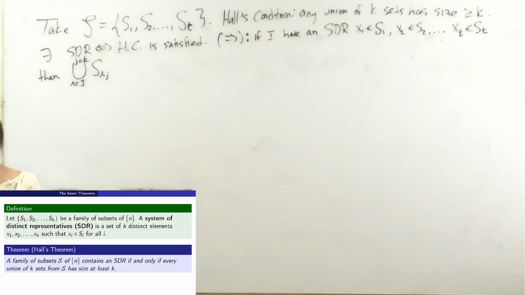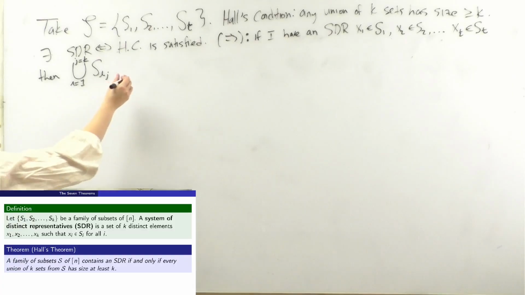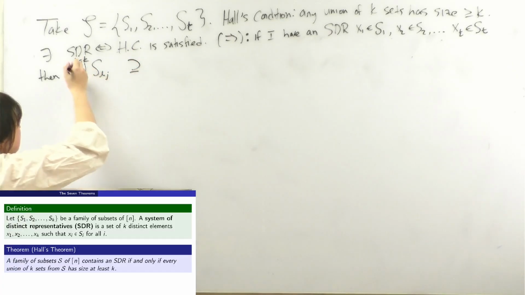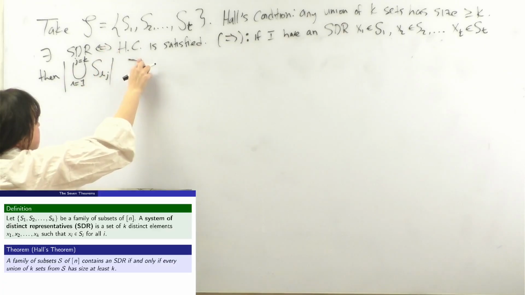Their indices don't necessarily have to be sequential, but their indices are like i_1, i_2 up through i_k. If I look at this union, maybe I'll just skip to looking at the size of this union.